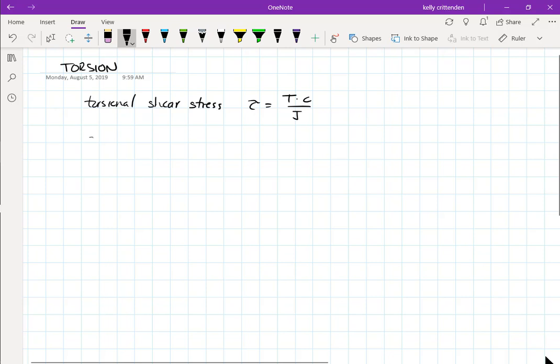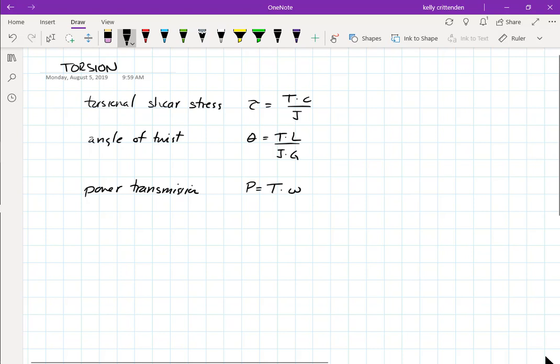We had angle of twist. And we had power transmission. And that's really the only topic.